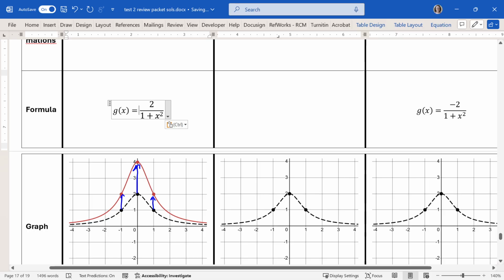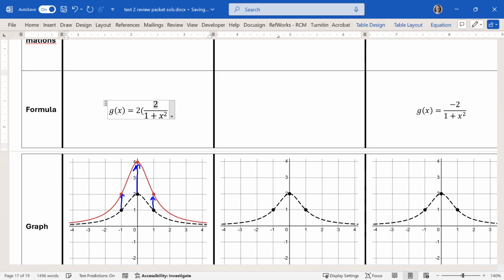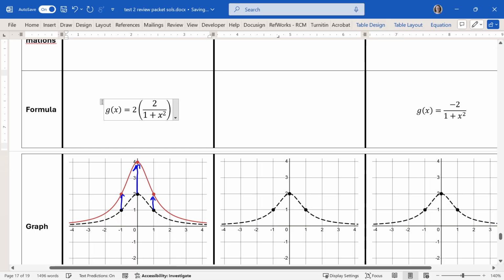And so for the y changes, the vertical changes, they all kind of look the way they're supposed to. If I want to multiply the y values by 2, then I should just literally multiply the formula by 2. So that is what you do. And that way, when you're calculating the formula, you're plugging in x values, you're doing it the same way you did it with the original formula. Then the last step, you're just multiplying all those y values by 2. Okay, so that's this one.